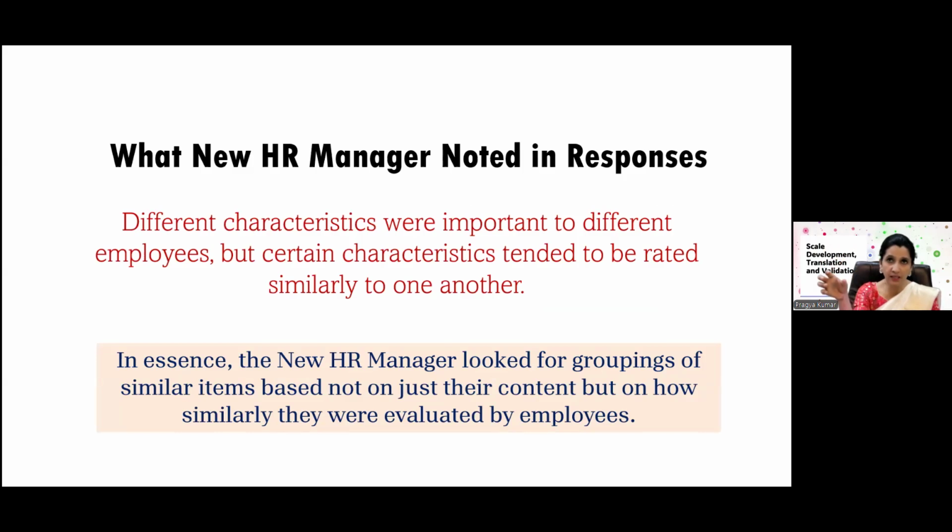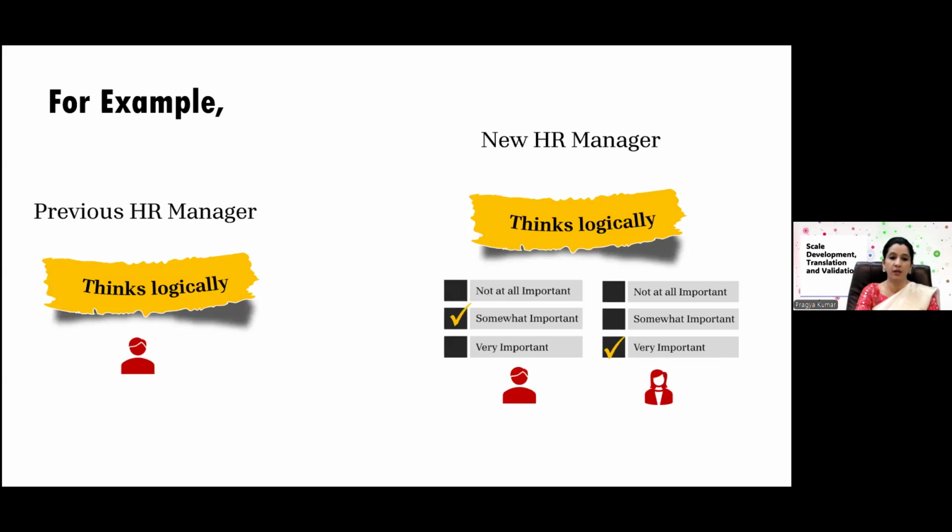So there were some characteristics which tended to be similarly rated by everyone in that particular group. So the HR manager not only did the grouping of those content, but he also showed what are the common traits which all the employees said are important in their co-worker.